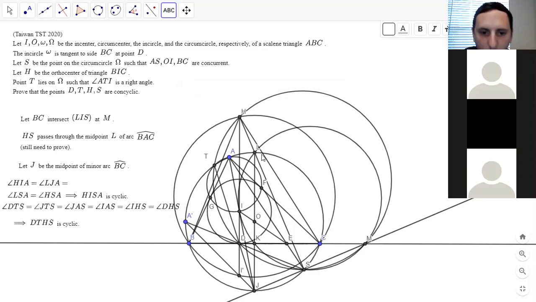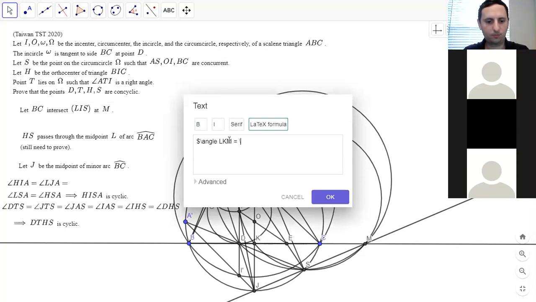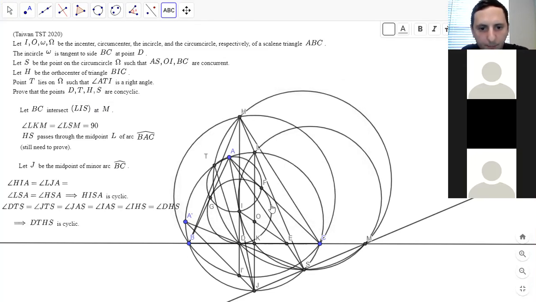You said there were two right angles, I forgot what they were. So LKM is 90 and LSM. So LKM equals LSM equals 90. And then that means that J, S, and M are collinear.